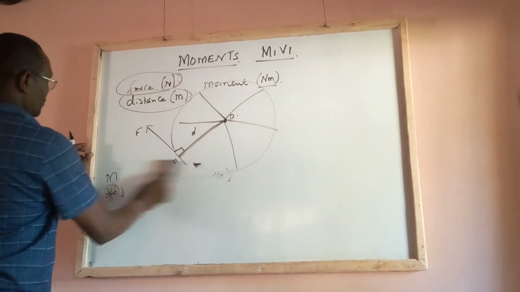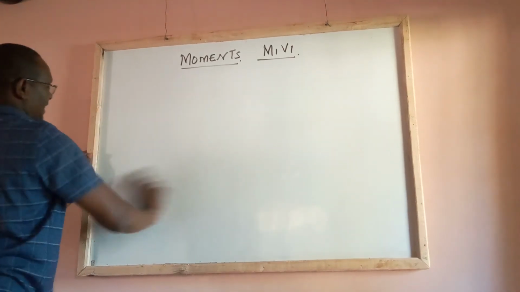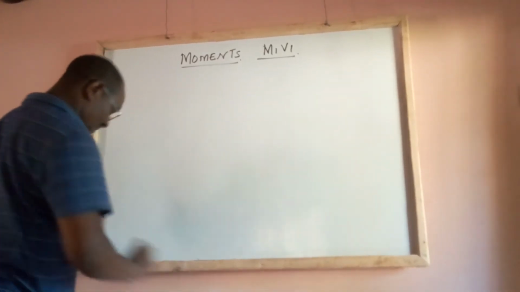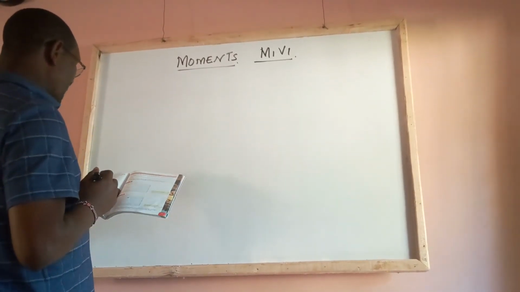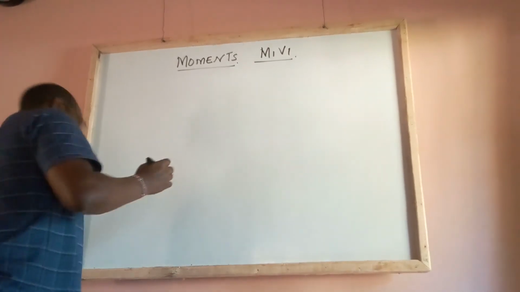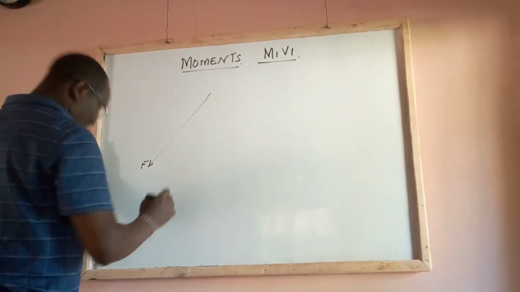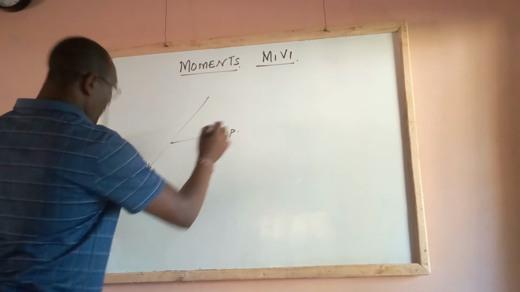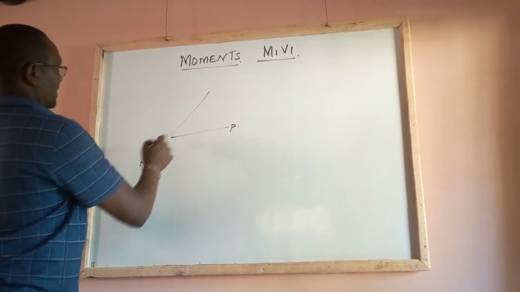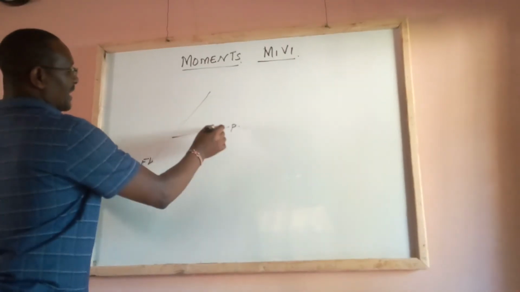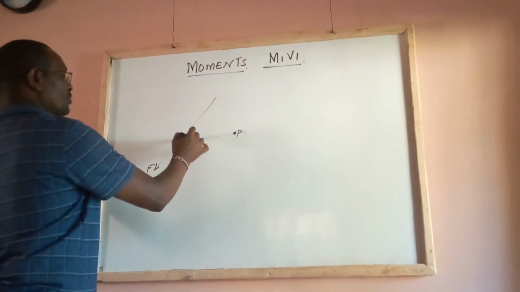Let us look at example 2 so that we can exactly understand what moment, direction, and even this distance are all about. Example 2 talks of what? Find the moment of F about P. Incidentally, you'll find that that is the direction of force, and that is the point P. One thing you would note is that the line of force and the line from the point of rotation to the line of force do not make 90 degrees.